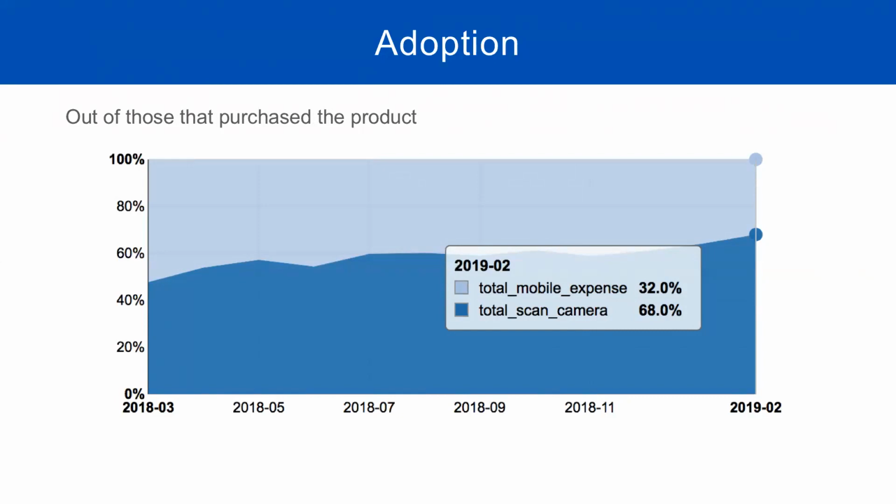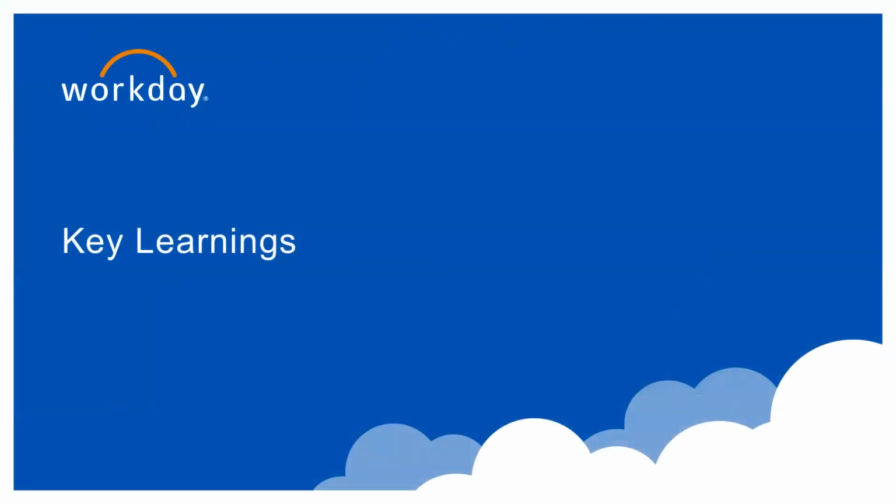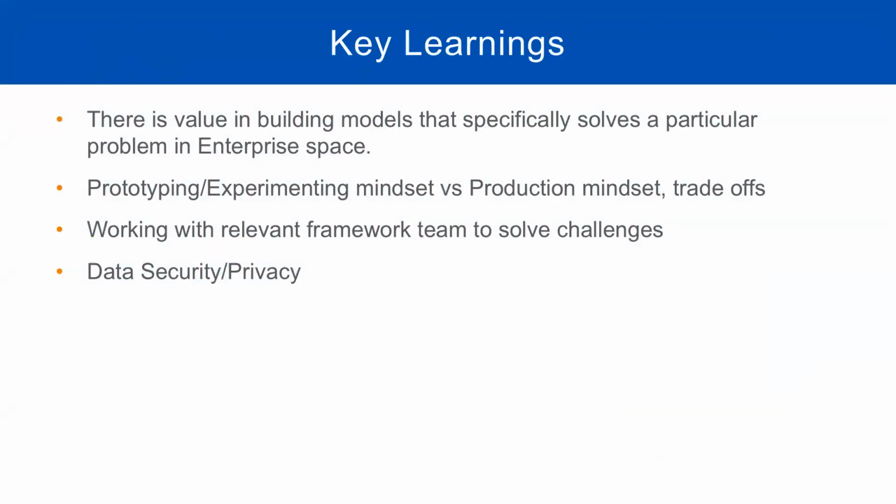Now, all this didn't come for free. There were a lot of ups and downs. Some of the key learnings that we have in productizing this, building this so-called ML app development. I think Henry spoke a lot about this point.